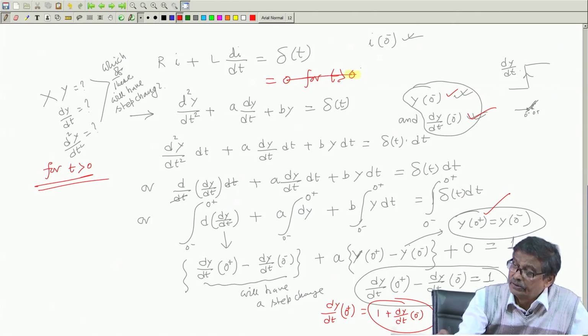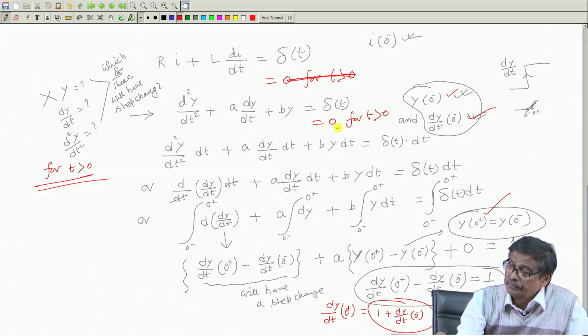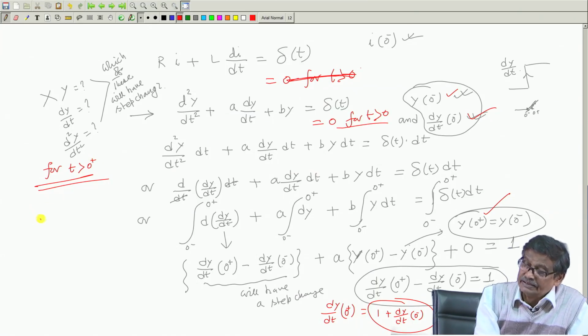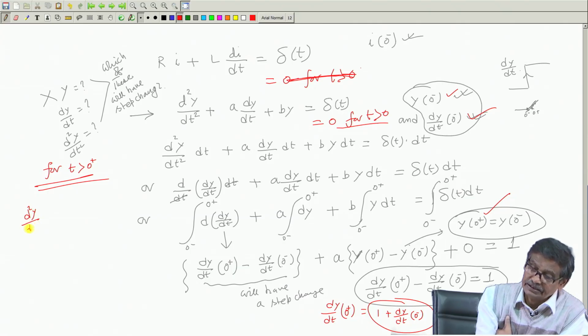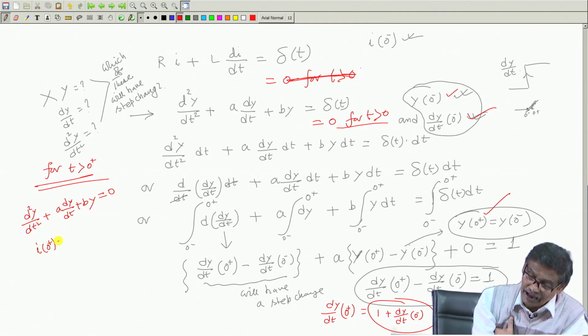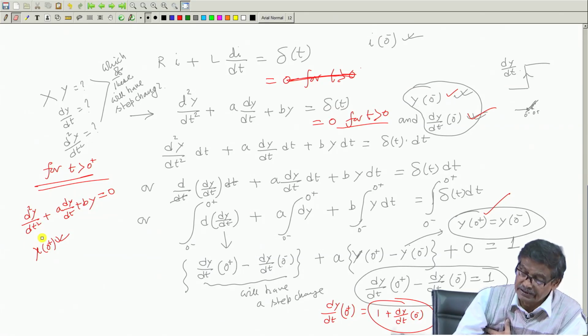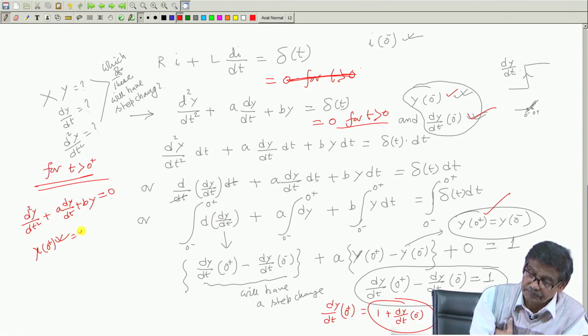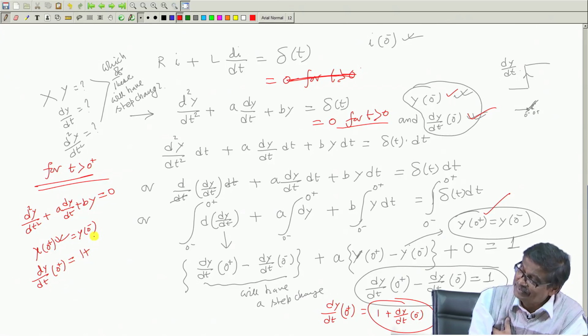Therefore, the equation will be, for t greater than 0 plus, d2y dt2 plus a dy dt plus b y is equal to 0, and the boundary conditions are: y 0 plus is known, equal to y 0 minus, because this is given to me, and I will calculate dy dt at 0 plus as 1 plus dy dt 0 minus.